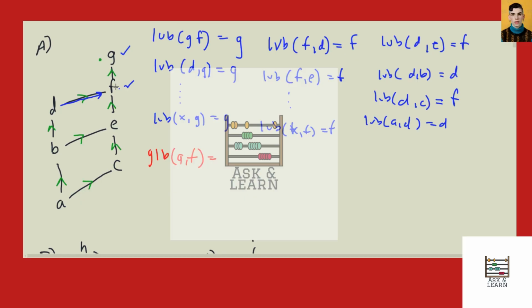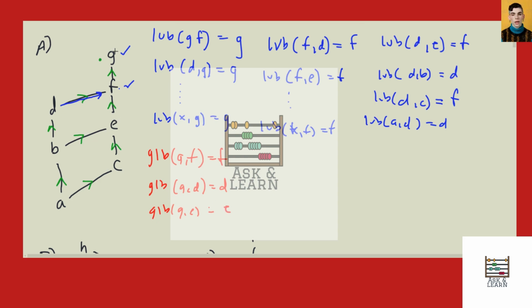Since F is below G, the lower bound would just be F. Now what about G and D? The greatest lower bound of G and D looks like it's also going to be D. Then let's do the greatest lower bound of G and E. That's also going to be E.